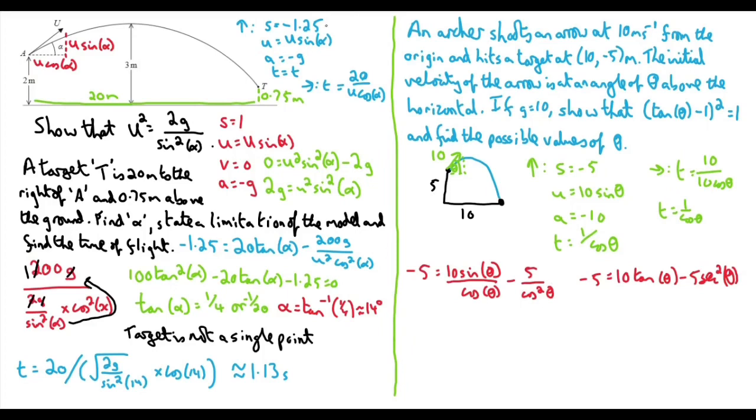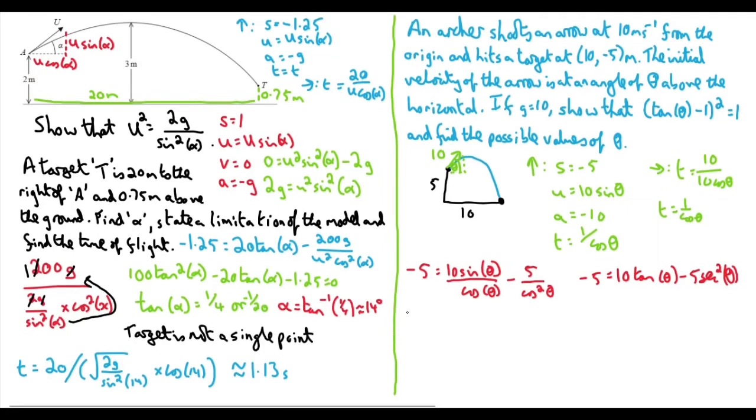Well, the reason for this is that we have a derived identity from one of the main identities. If you have that sine squared plus cos squared equals 1, we divide everything by cos squared. Well, sine squared divided by cos squared is the same as tan squared. The cos squared divided by cos squared just cancels out to 1, because anything divided by itself is 1.